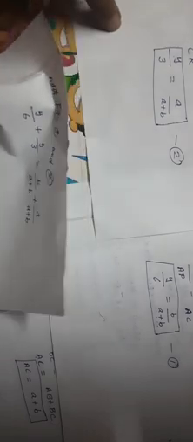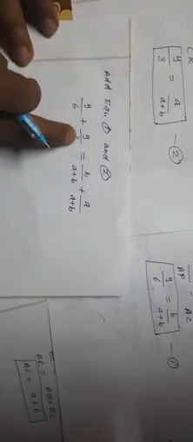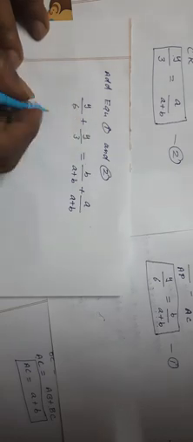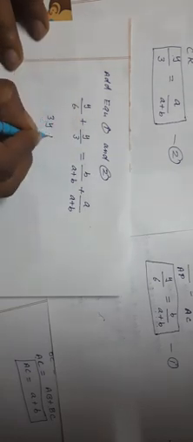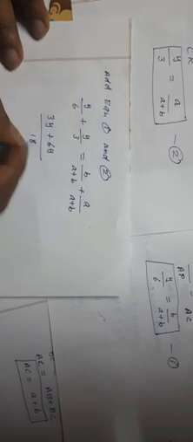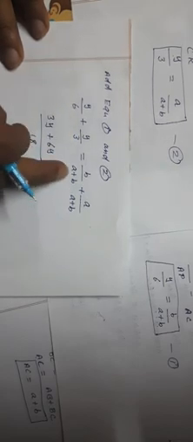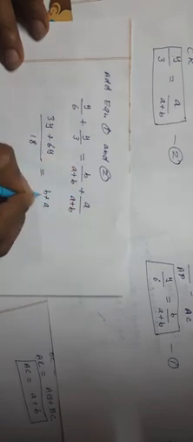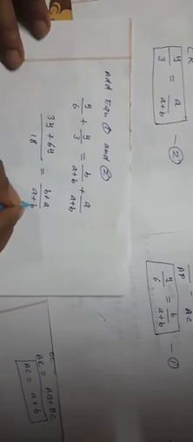Here the denominators are different, so we take the cross multiplication: 3y plus 6y by 18. On the right side the denominators are the same, so we can add straight away and get b plus a by a plus b.